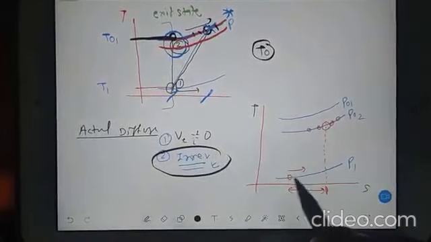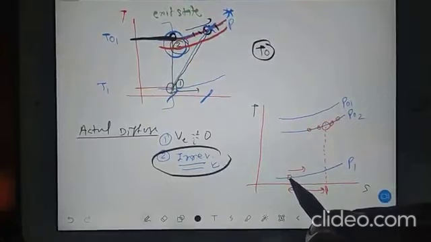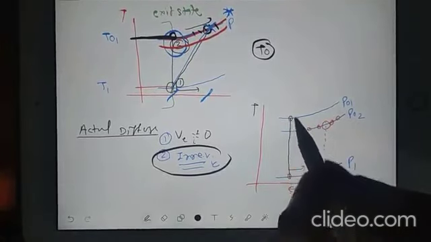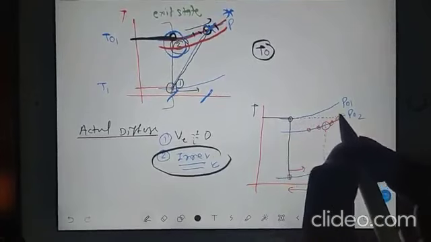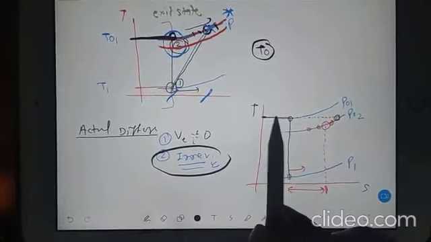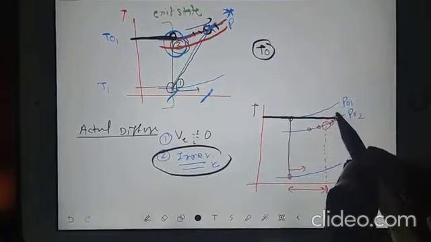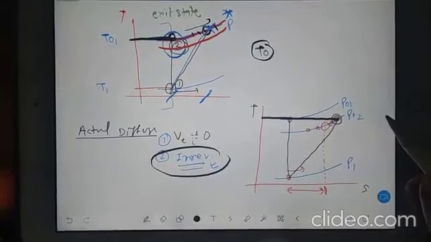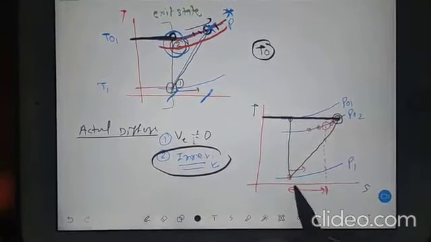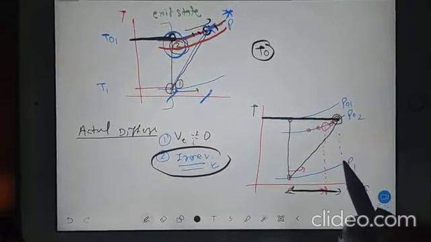Suppose if I'm going ideally, then I was getting this T naught. So same T naught I should get. So the T naught will guide us to achieve that point where we have to go, right? So that will give me, okay, this much entropy change we have got.